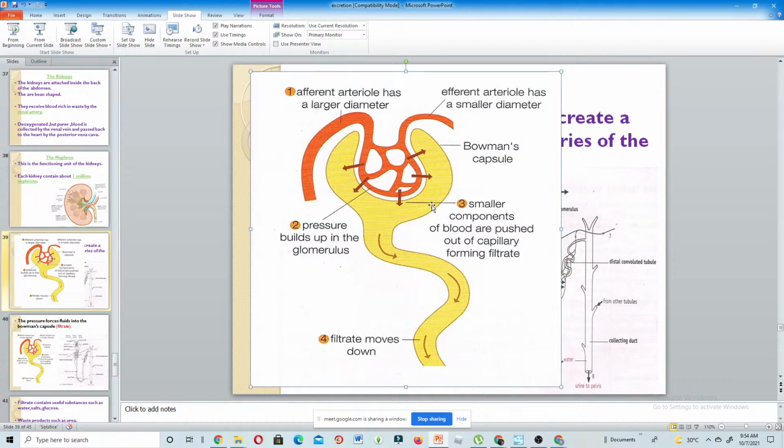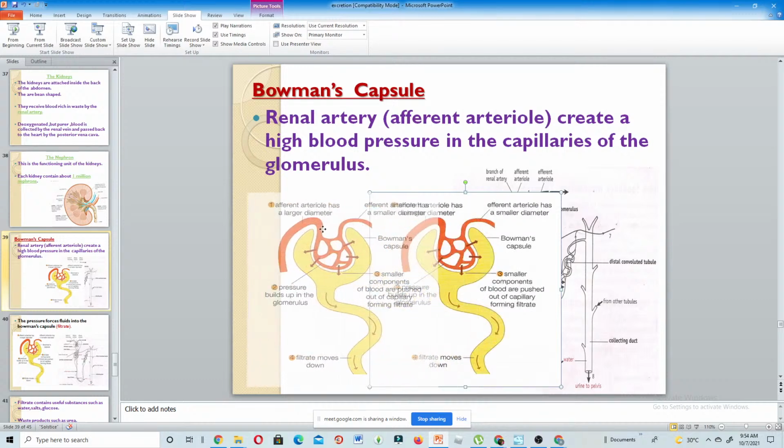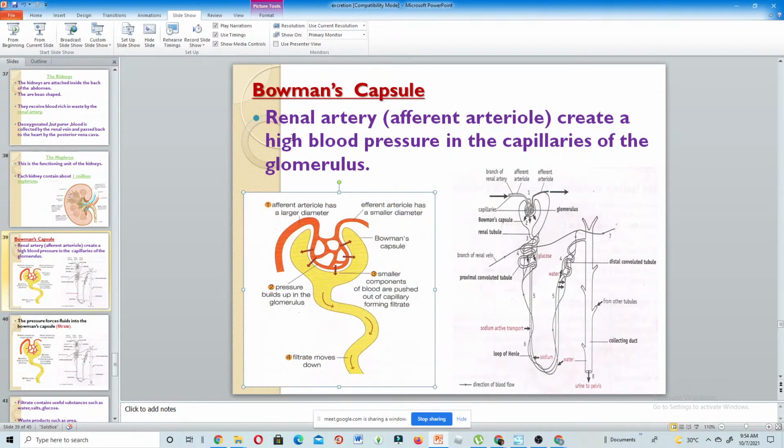Now as to what is known as the glomerulus, these are the blood vessels that you're seeing where the arrows are coming from. So they are saying that the renal artery creates a high blood pressure in the capillaries of the glomerulus, and as I said, the glomerulus is this middle section where you have the arrows coming from.